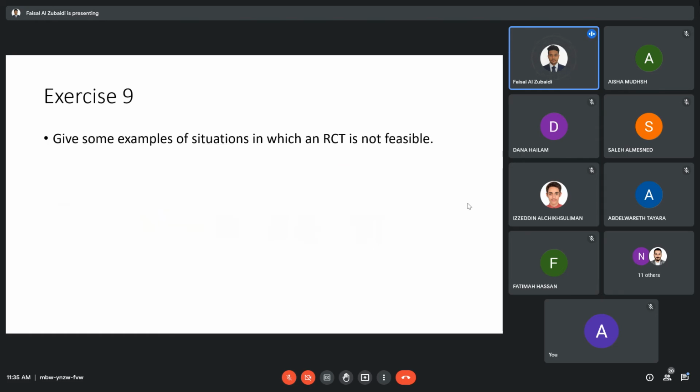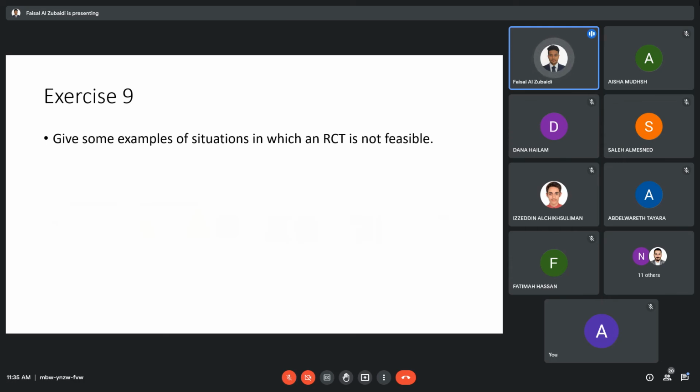Okay. So for exercise 9, any volunteer? I think this one should be easy because it's thoroughly discussed in the lecture. We only need a couple of examples. Anyone?